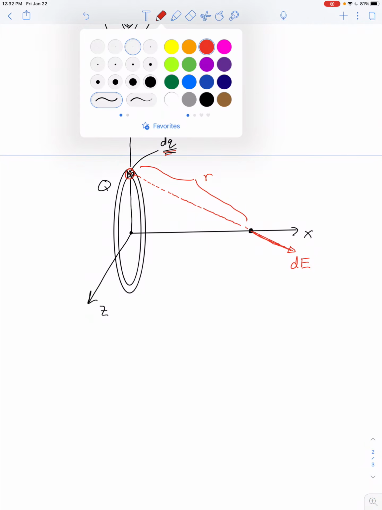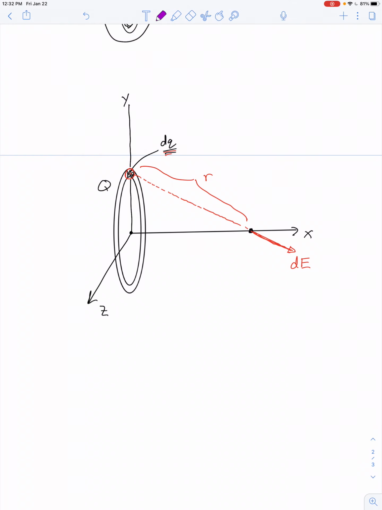If we also chose the little element of charge down here, which is also dq, then its contribution to the total field would be just as large in magnitude due to the symmetry of this arrangement. However, it would point up and to the right instead of down and to the right.